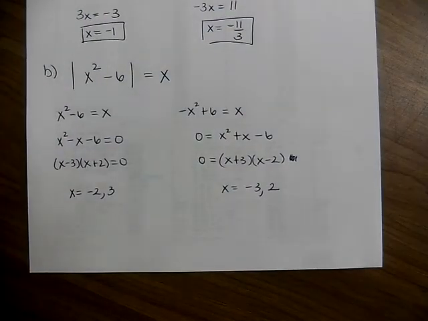So right now I have 4 solutions, plus and minus 2, plus and minus 3. You have to check these solutions. So we have to check every single one of them. So I'd like you to try to check them now. Whether you do it in your head, you write it out, you use a calculator, I don't care. Just check all 4 of those solutions and see what you come up with.